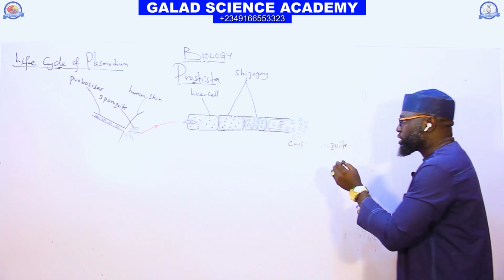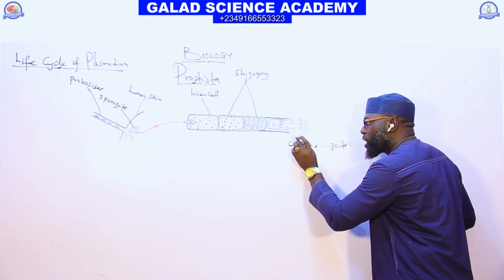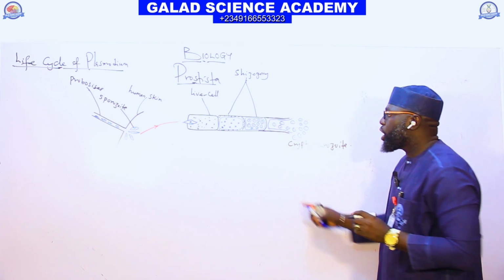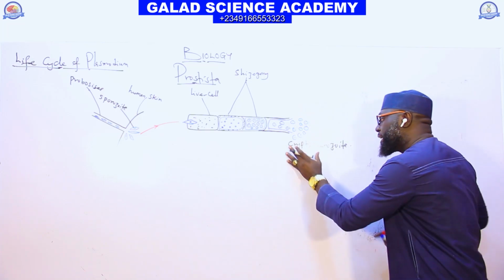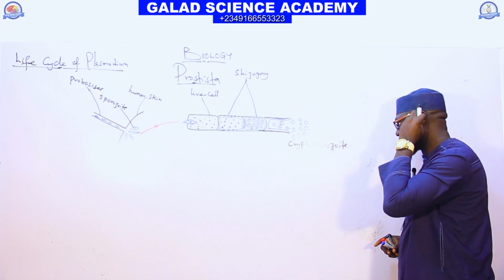So the product of the schizogony that takes place in the liver cell is cryptomerozoites.